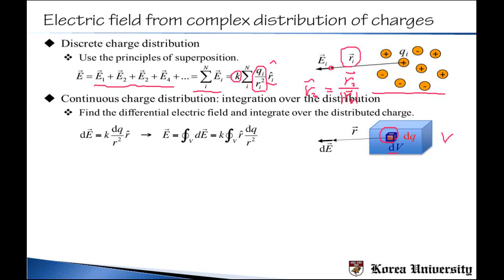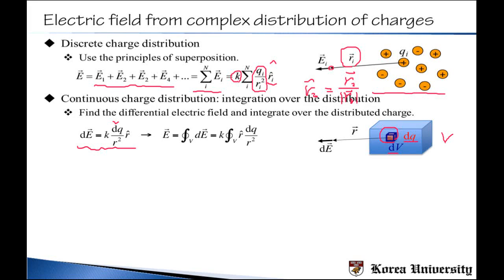This volume will contain a small charge, and let's call it dQ. Using the same equation, you can express this small electric field from this small charge. It looks actually the same. The only difference is that instead of charge Q, you have a small charge dQ. And then you are ready to do the integration.